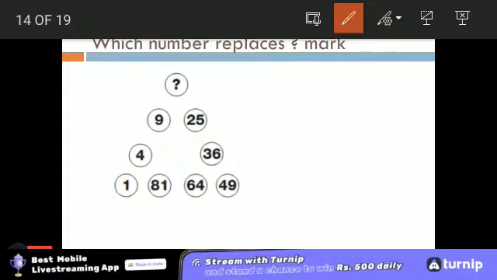Which number will fill up this question mark? Look carefully. Count the numbers 1 to 9. So 1, 2, 3, 4, 5, 6, 7, 8, 9. Count them and think of the answer.